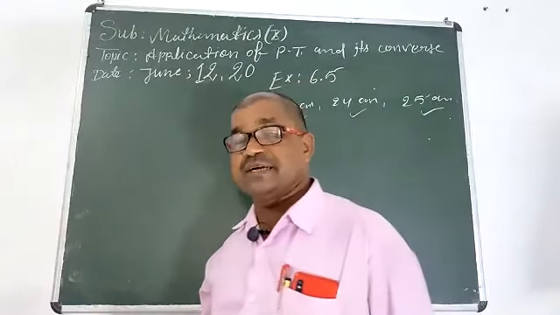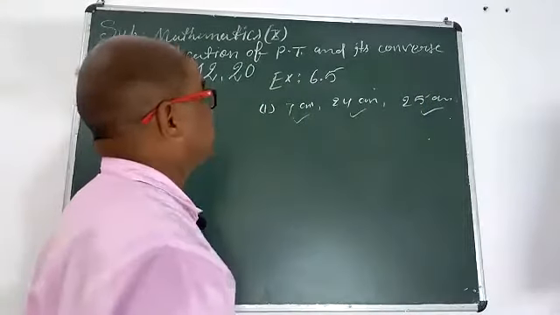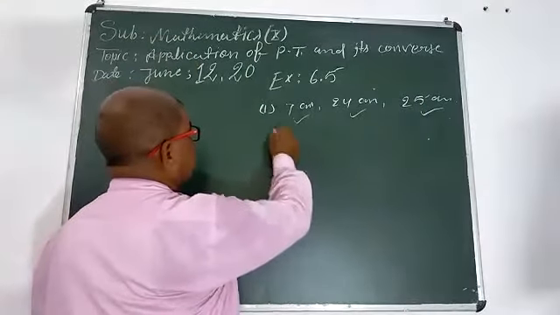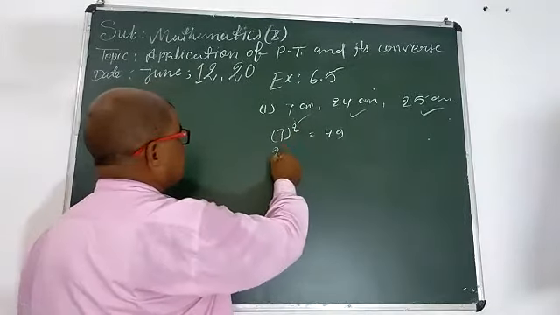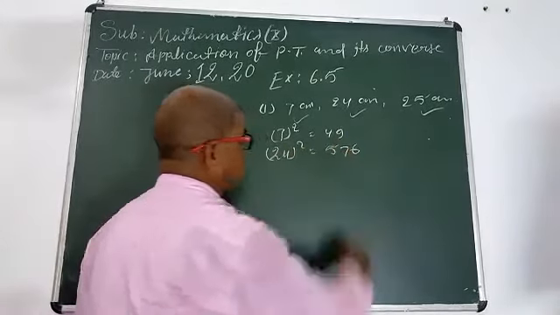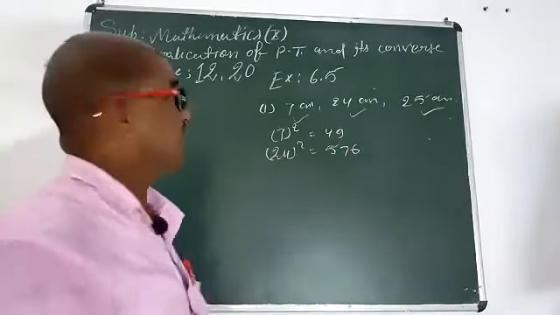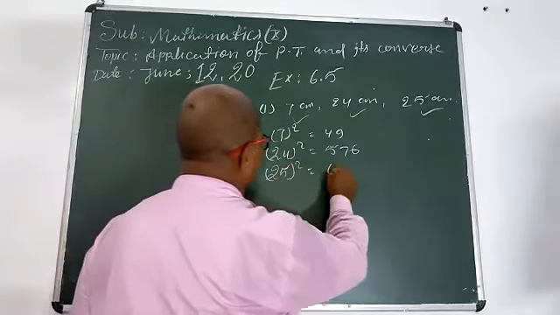That is the converse of Pythagoras. By the help of these two statements, square of 7 equals 49. Square of 24 equals, I am thinking, 576. Am I right or not? You should take your operation. Square of 25 equals 625.